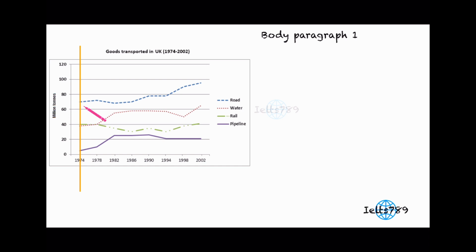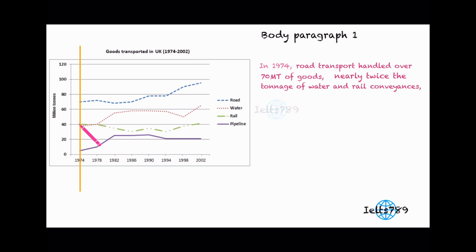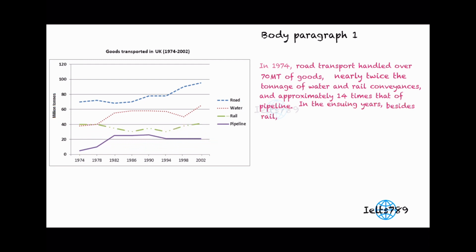In 1974, road transport handled over 70 million tons of goods, nearly twice the tonnage of water and rail conveyances, and approximately 14 times that of pipeline. In the ensuing years, besides rail, the rest exhibited similar patterns of growth, stability, and decline.